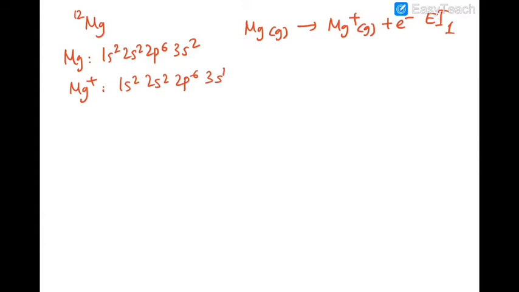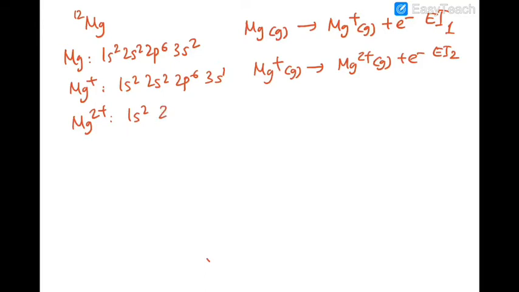Now, you can still go to the next step to obtain magnesium 2 plus, EI2, because even magnesium 2 plus still results in a stable electron configuration.